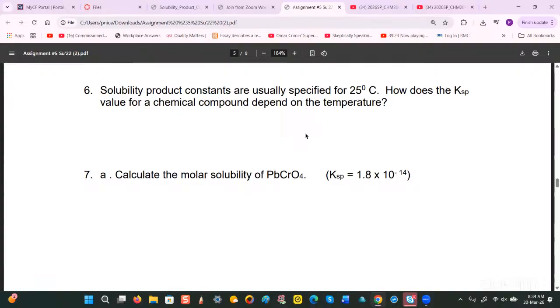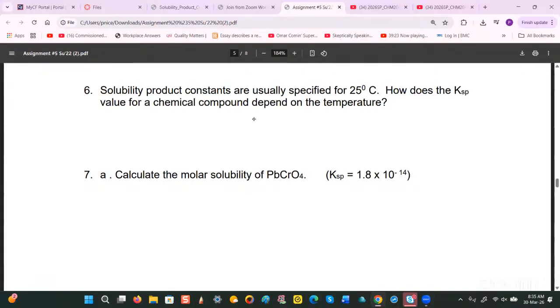Any ideas? What would you expect to happen to the solubility of an ionic compound when you increase the temperature? Becomes more soluble. Okay, very good. That's what I would expect too, right? So if the compound becomes more soluble, then what happens to the Ksp value?